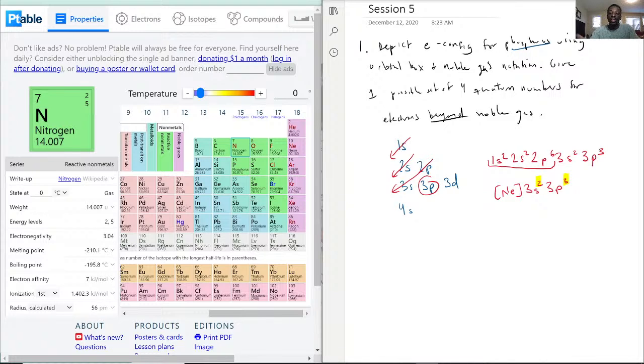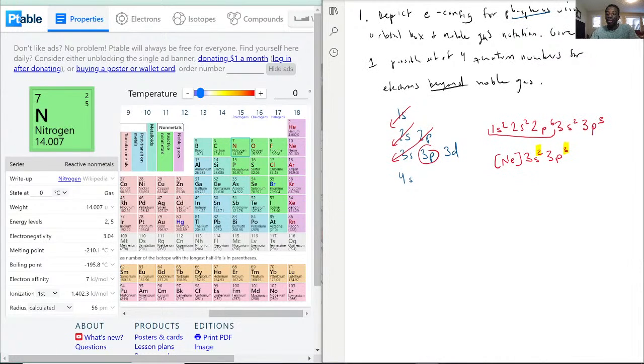So this question doesn't only ask for that, but also the orbital box notation. So for this, what we do is, because they want to know orbital box for the whole thing and the noble gas, we're going to first draw out our boxes. Just as I have that above with this breakdown, it's going to be the same thing, but as you notice, I'm adding more boxes here because as we're counting, you see that the s orbital had 2 elements each time, right?